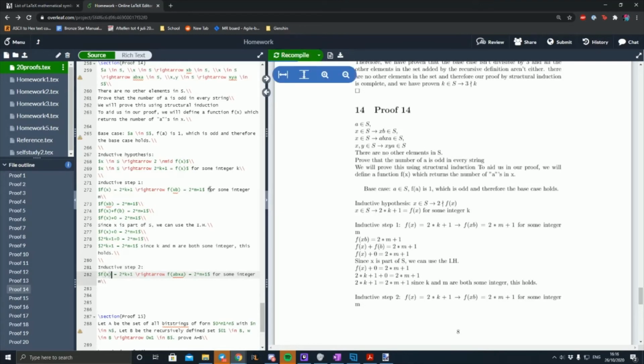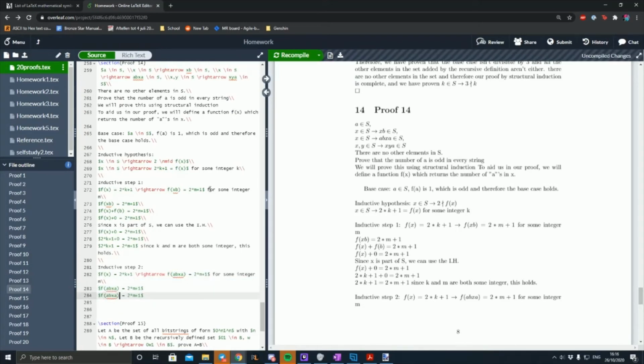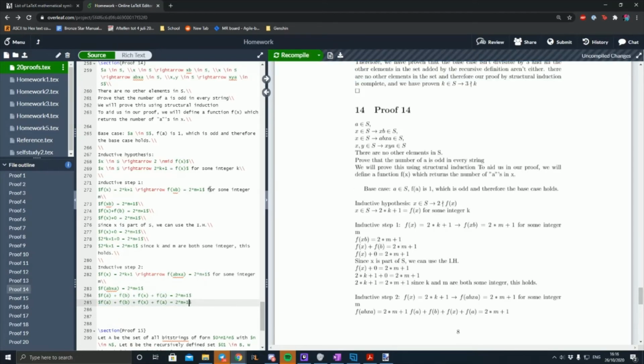So then we can take the second part, and we can say this is the same as saying f of a plus f of b plus f of x plus f of a. And then we can say that f of a is 1, f of b is 0, and f of a is 1.